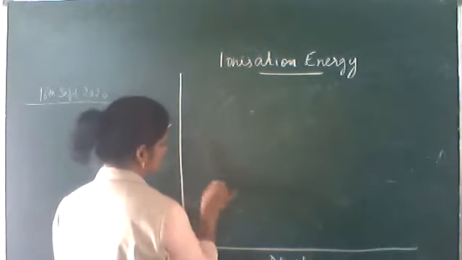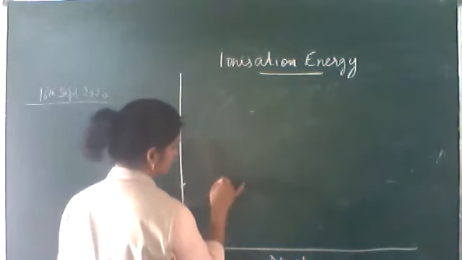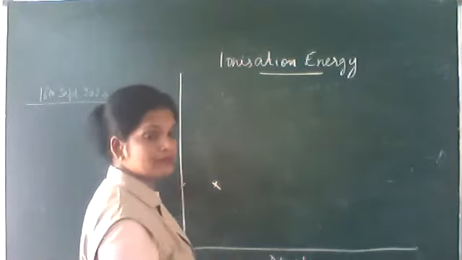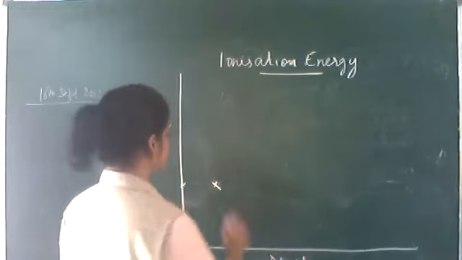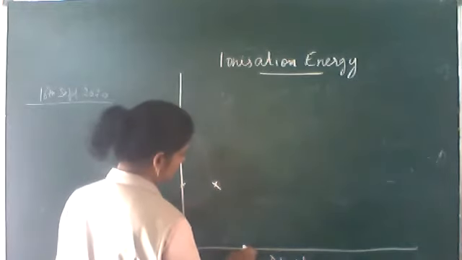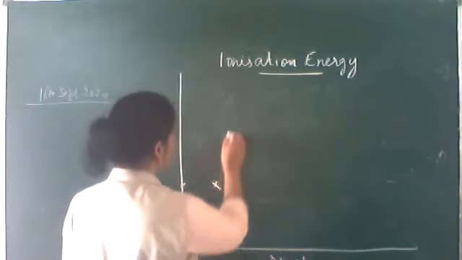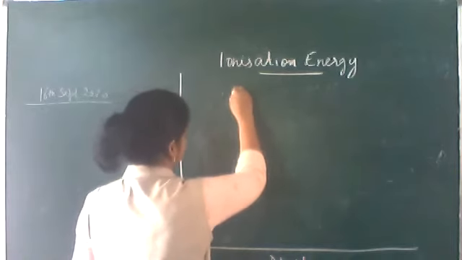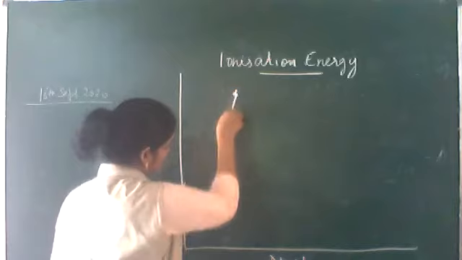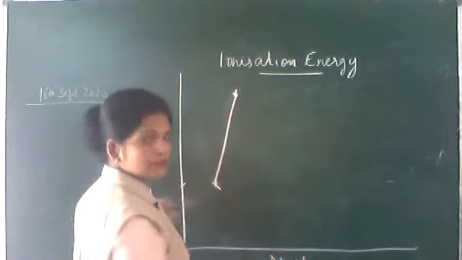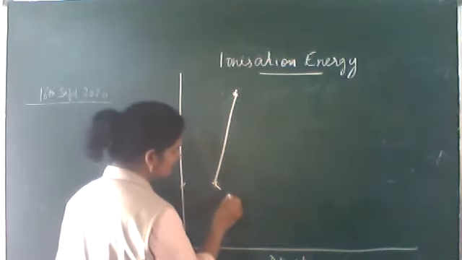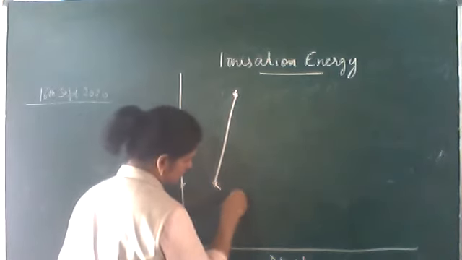Hydrogen's ionization enthalpy, suppose it is here. Then helium ionization enthalpy is very high. So the next one, that is helium. Then lithium ionization enthalpy here.